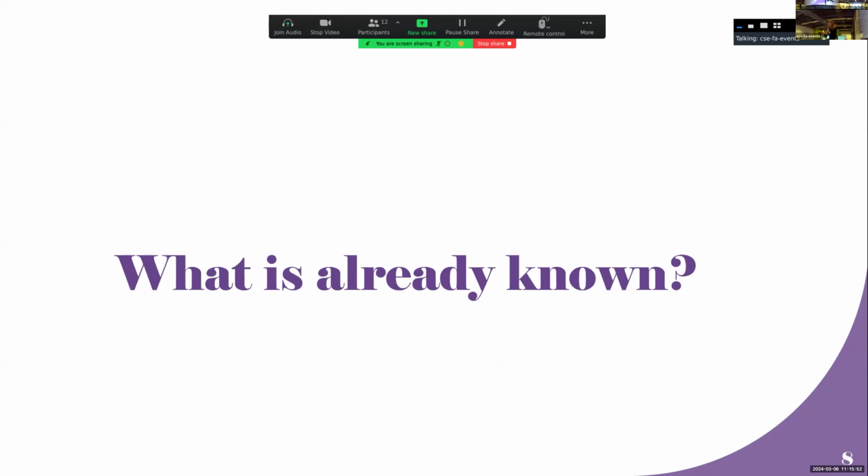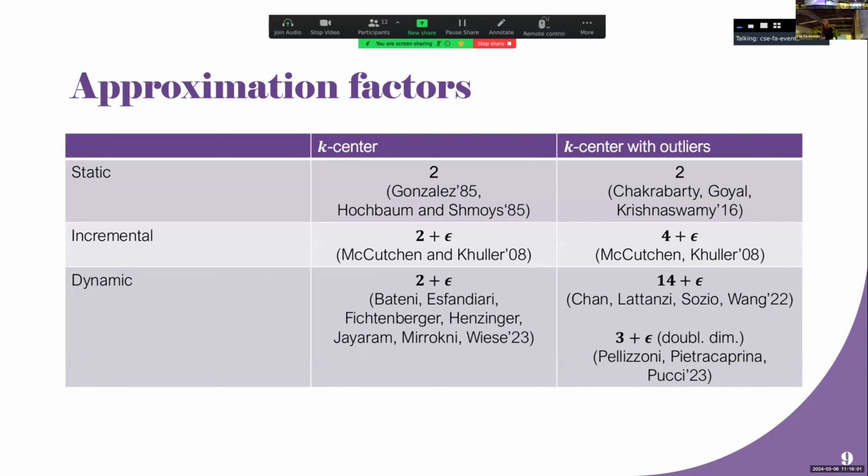Okay, so first I want to give you an overview of what is known already, and I want to highlight some results that we are going to use for our approach. So in the static setting, there are these old famous algorithms that all of you know. We can get a 2 approximation for the vanilla k-center.